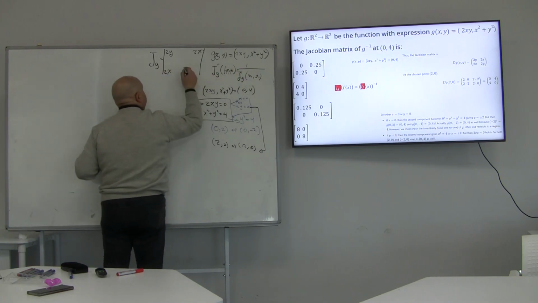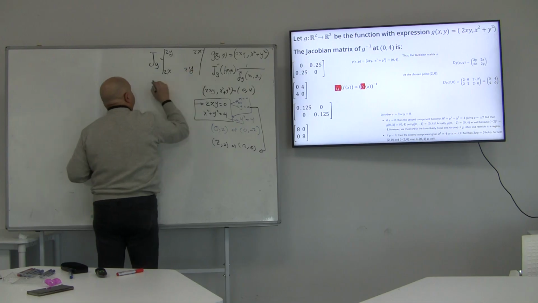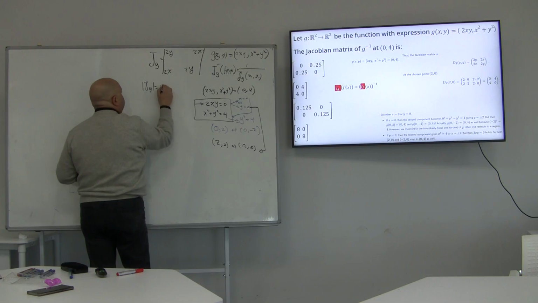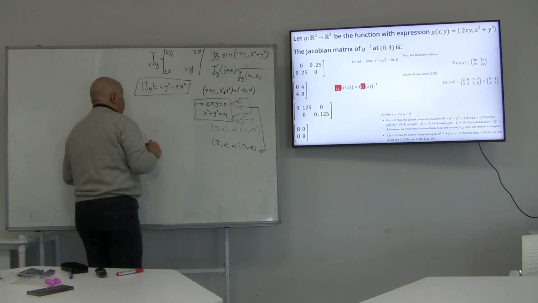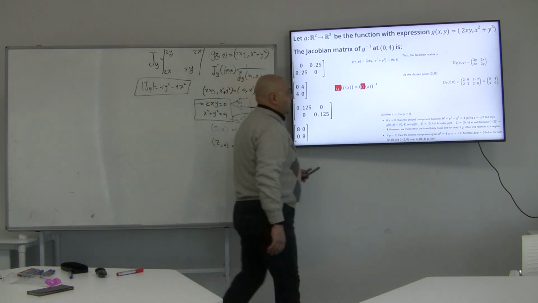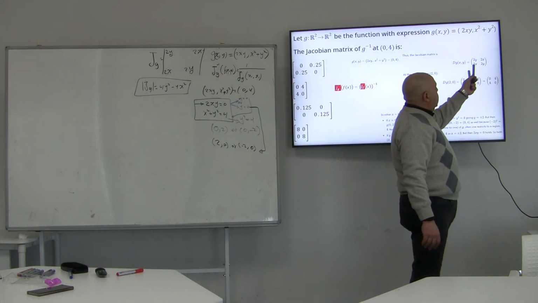Differentiating with respect to y, it's going to be 2y. So the value of the determinant of J is going to be 4y squared minus 4x squared. That's the Jacobian.